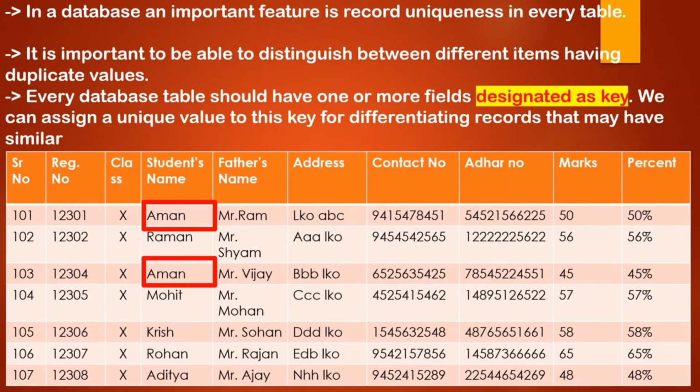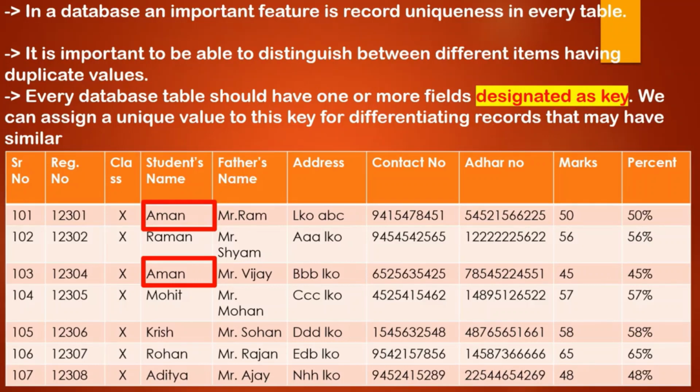See children, after creating a table, filling the data and maintaining the records and fields, there is another important thing: records should be unique. We need to understand how important the uniqueness of a record is in the database. As you can see here in the given table, suppose I want to access the record of Aman, whose father's name is Mr. Vijay.